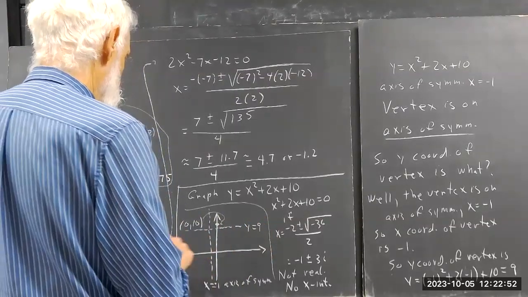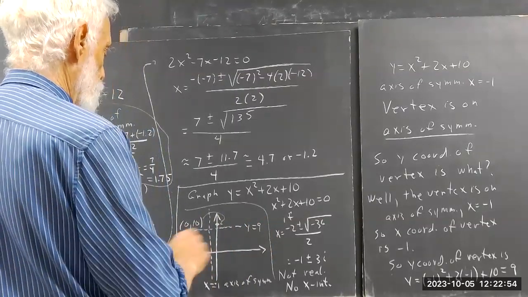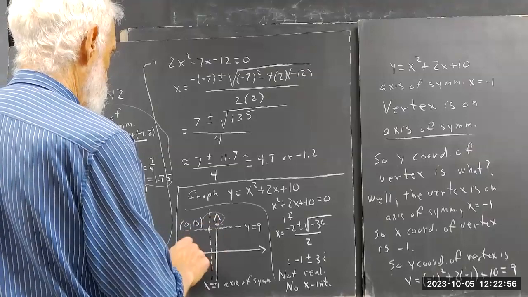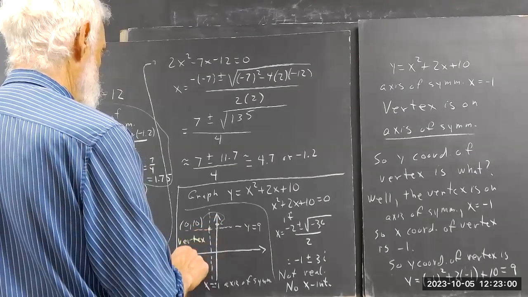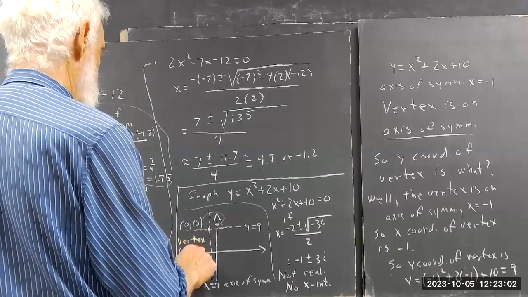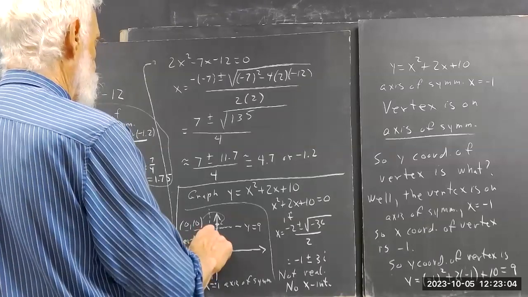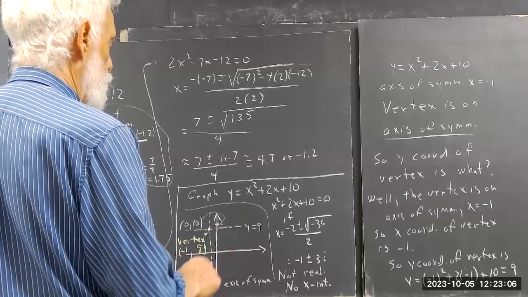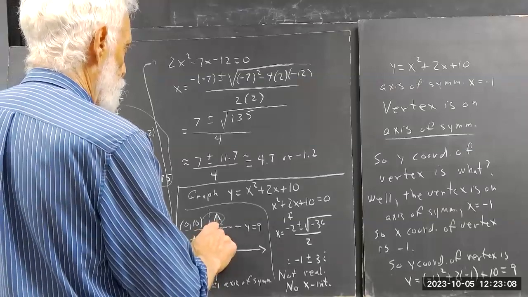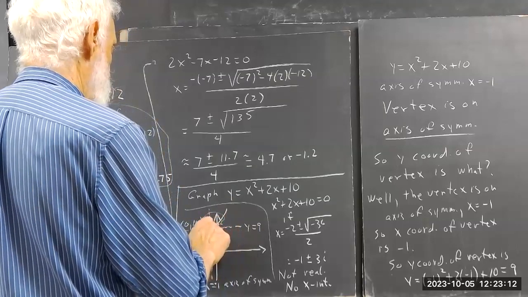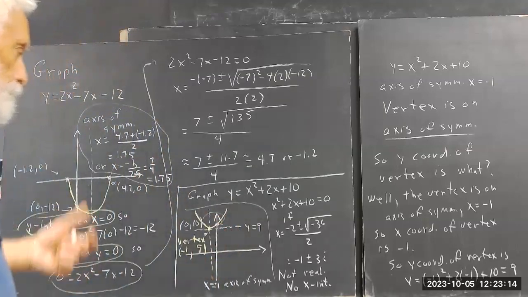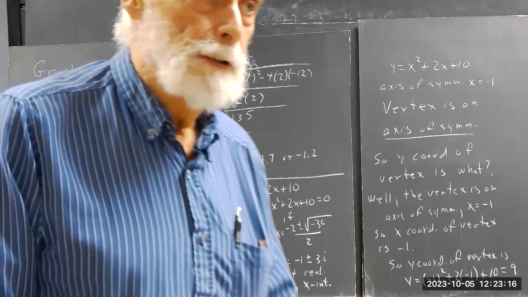So the vertex would be here. The vertex is the point -1, 9. And now we just draw a parabola through these points. And we've nailed it.